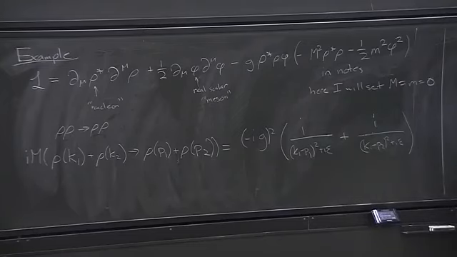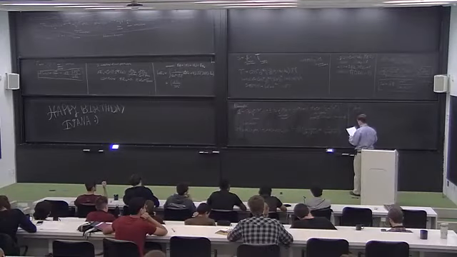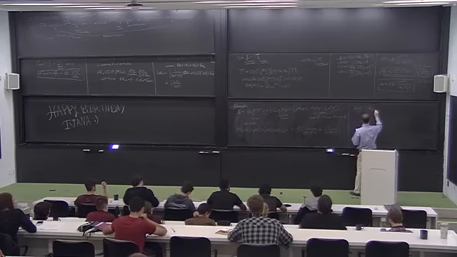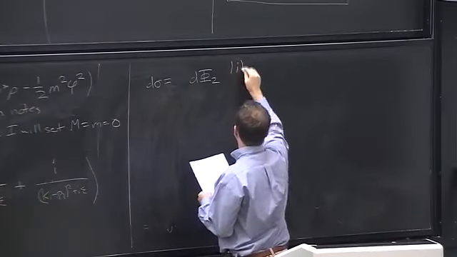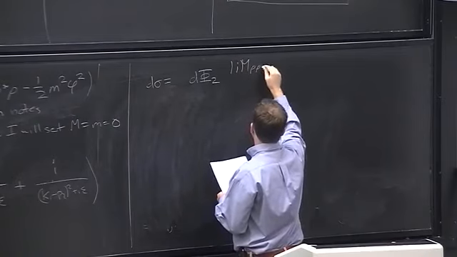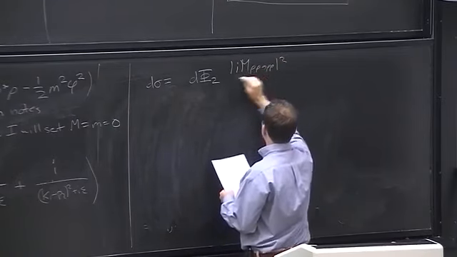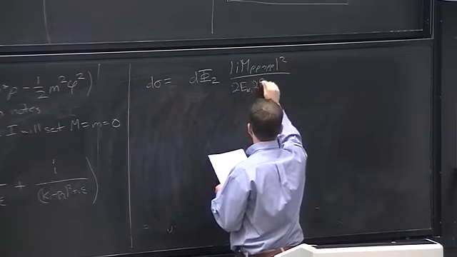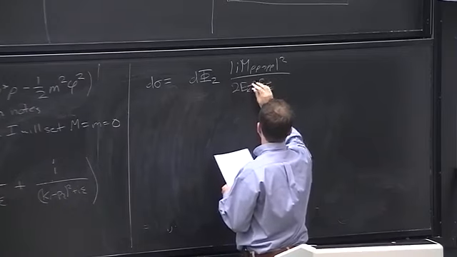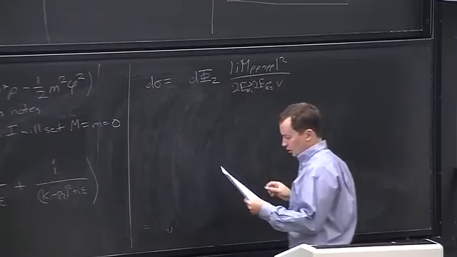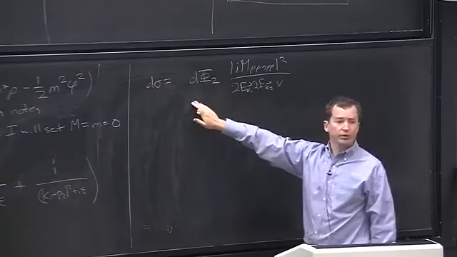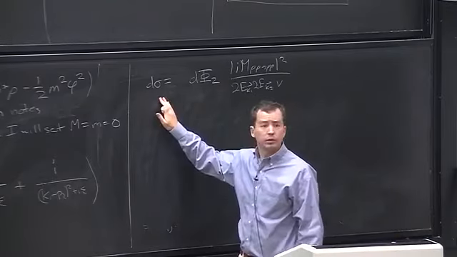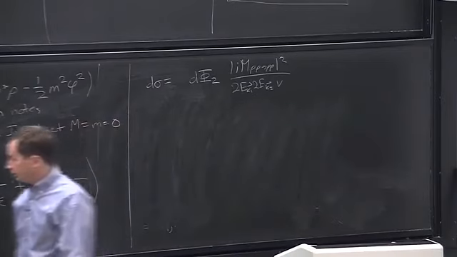Okay, so if we want to compute the cross section, what we found is that the cross section is just given by the matrix element squared times the phase space over 2 E_k1 2 E_k2 times v. But there's one thing we haven't accounted for.